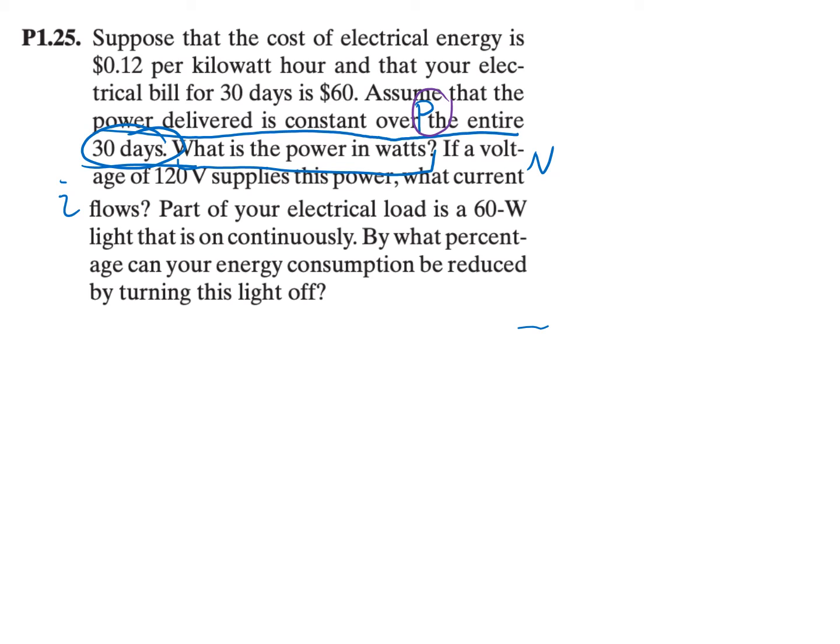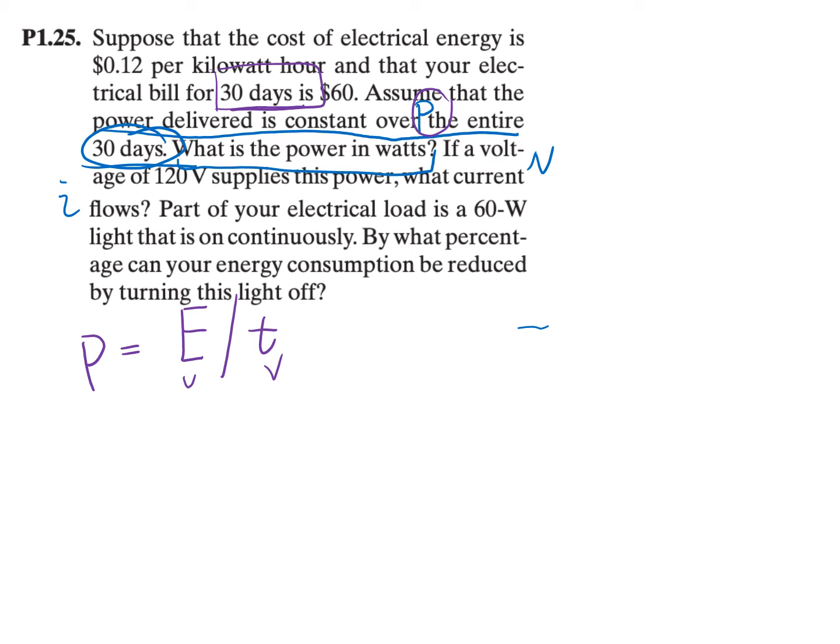To find P, we first need to use the energy divided by time. Well, we know the time, that's the 30 days. So we know this, but we don't know the energy. So how can we find the energy? Well, in our lecture, we learned a formula.